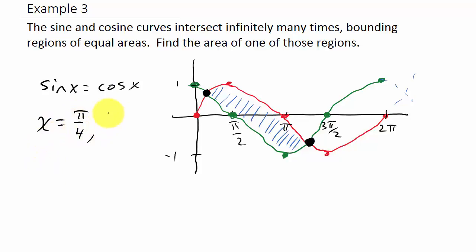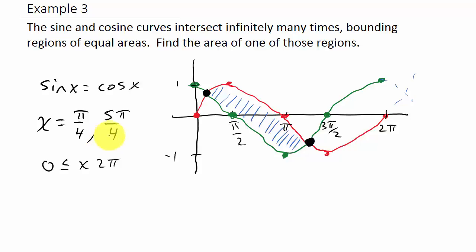Pi over 4 and 5 pi over 4. And that is for x between 0 and 2 pi, because that's what I'm looking at. I'm just looking from 0 to 2 pi, and those are the 2 points where they intersect.